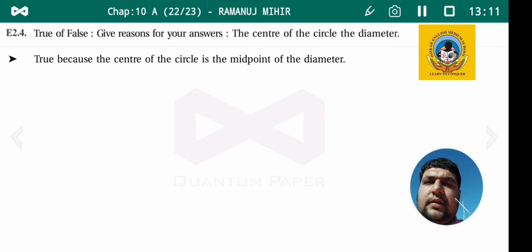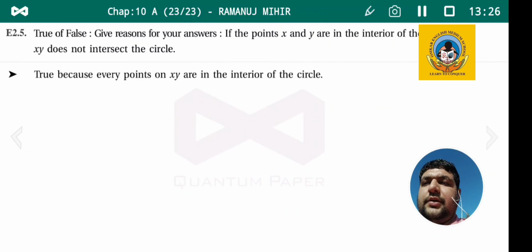Sorry, I think there is some mistake in the question. The chord passing through the center of the circle is the diameter. This is true, because the center of the circle is the midpoint of the diameter.